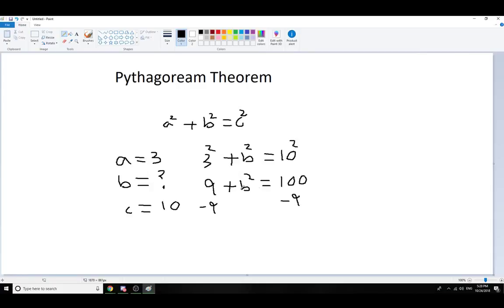Because we want B squared. So the first thing we need to do is get it by itself before we worry about the square rooting and the exponents. So we're going to subtract 9 from each side, and B squared will equal 91.